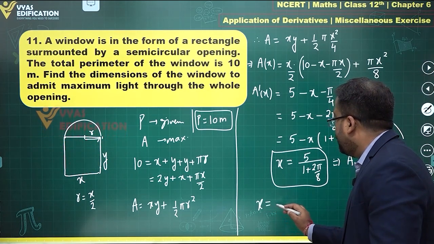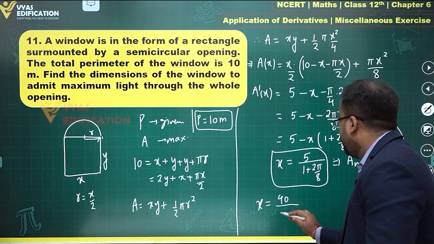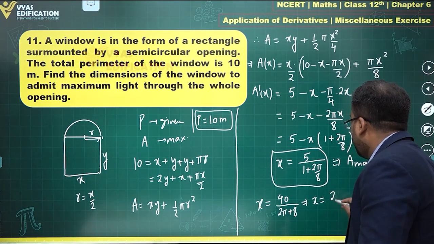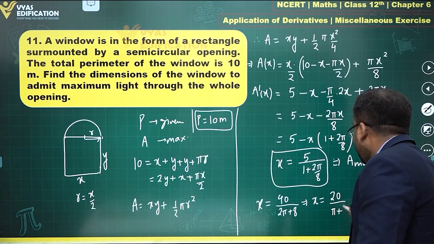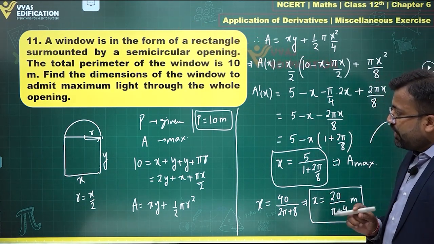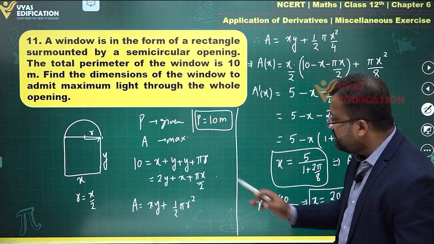x is equal to 40 over 2 pi plus 8, or you can say that x is equal to 20 upon pi plus 4 meters. This is x, that's the width. What about y? y can be obtained with the help of this result.